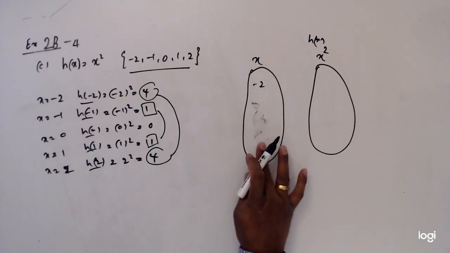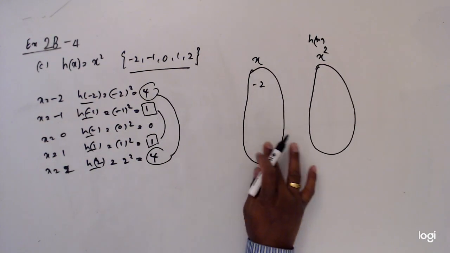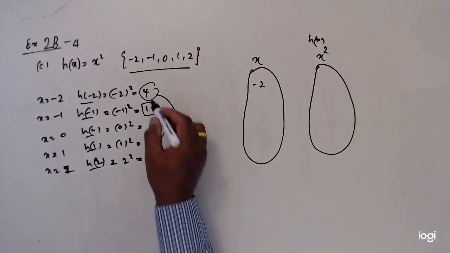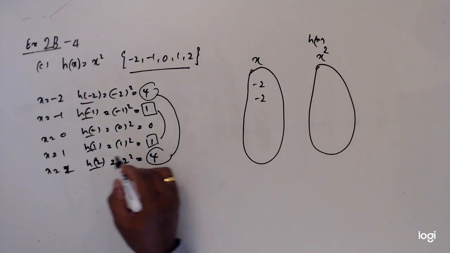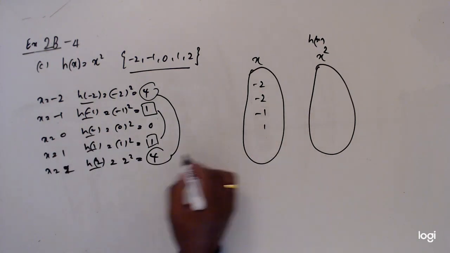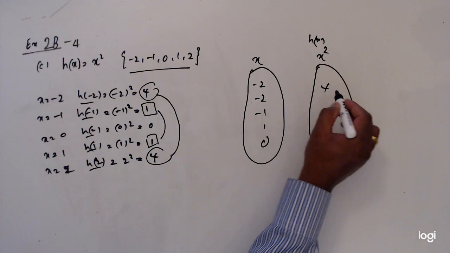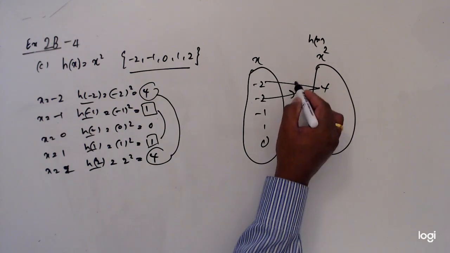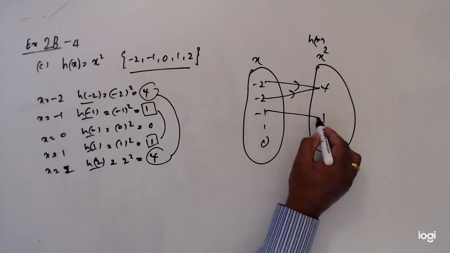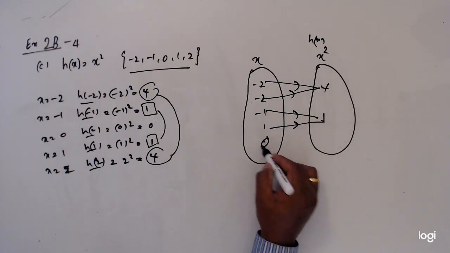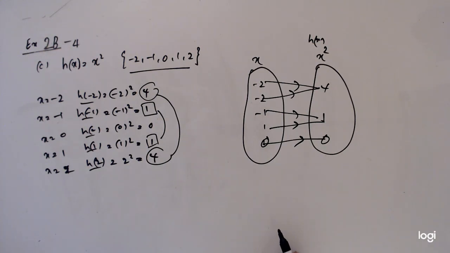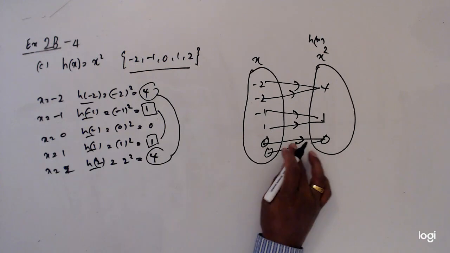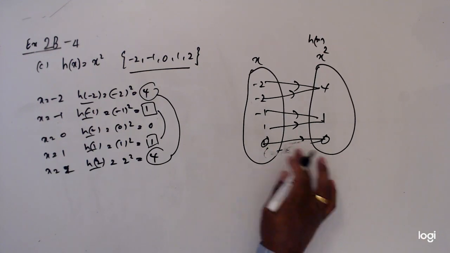Actually, we'll write it in a better way. 4 and 4 give -2 and 2. And this one, -1 and 1, and 0. -2 and 2. And then 1: -1 and 1 give 1, and 0 gives 0. We don't need this one.